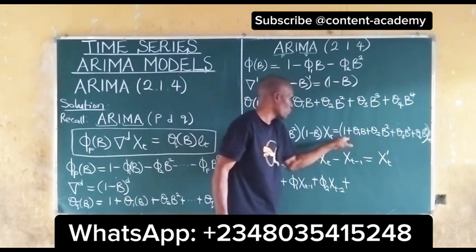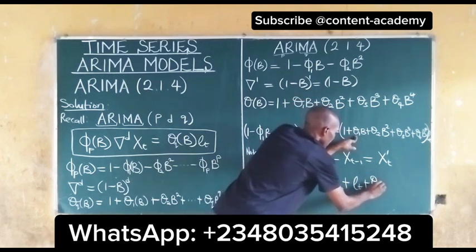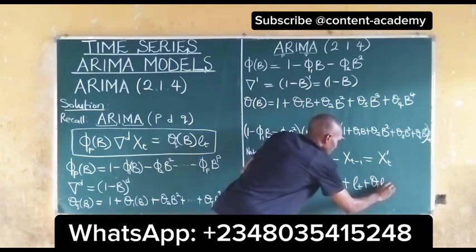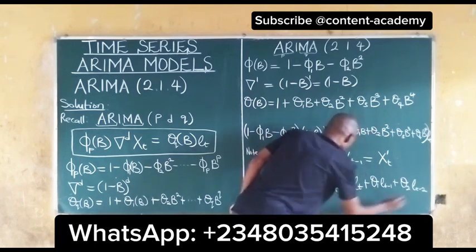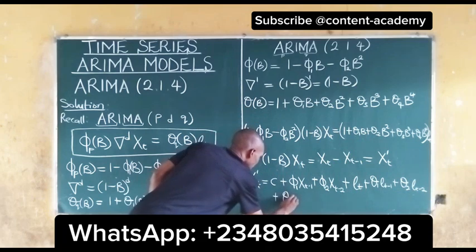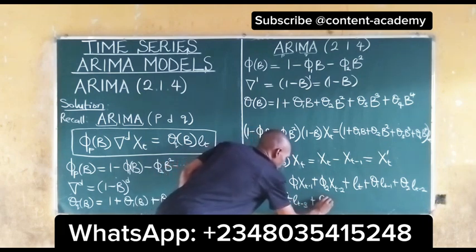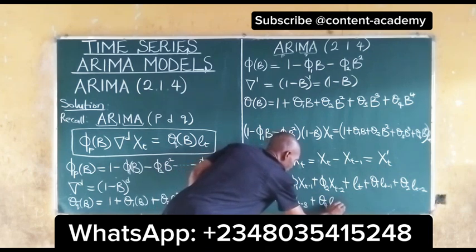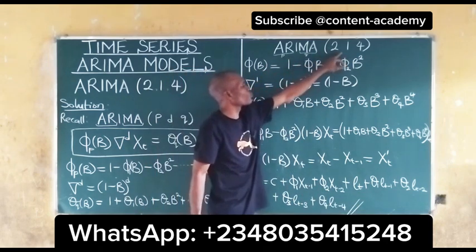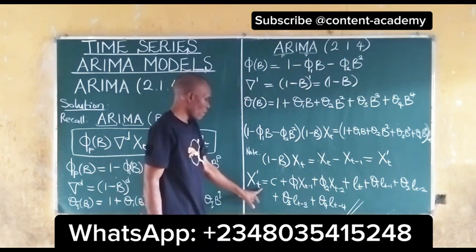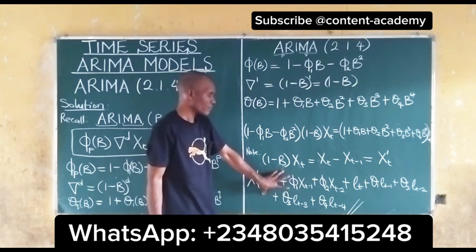If we multiply e_t with 1, we get e_t plus theta_1 e_{t-1} plus theta_2 e_{t-2} plus theta_3 e_{t-3} plus theta_4 e_{t-4}. So this becomes our ARIMA(2,1,4) model. Our ARIMA(2,1,4) model can now be written as this. So this is our model.